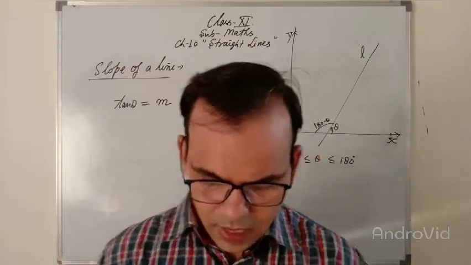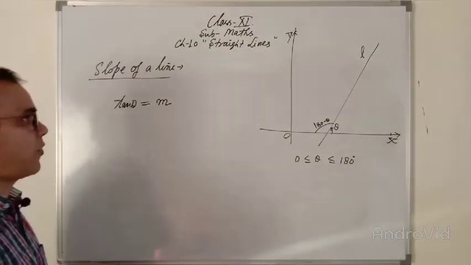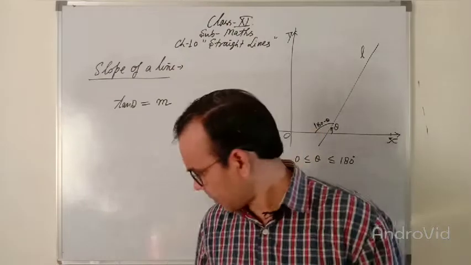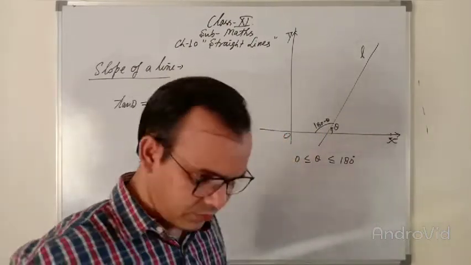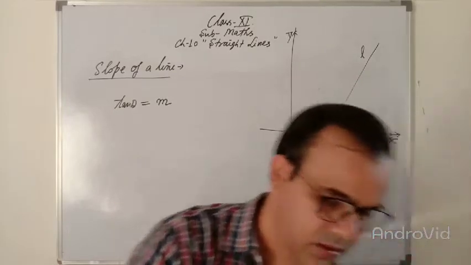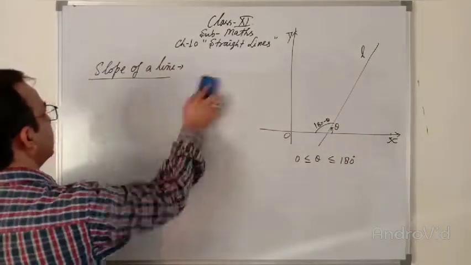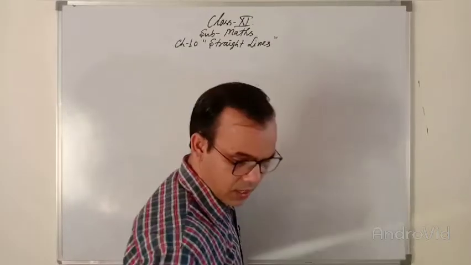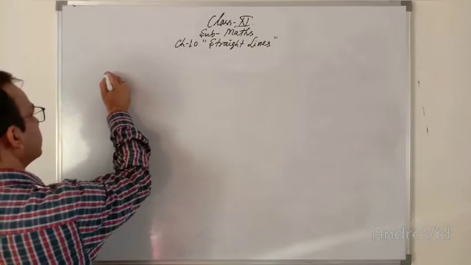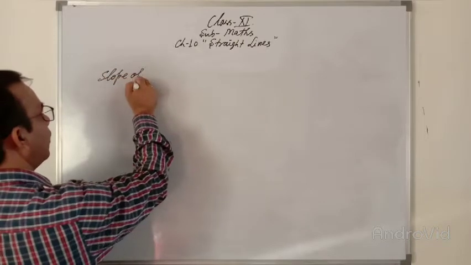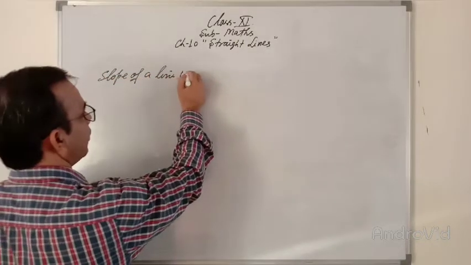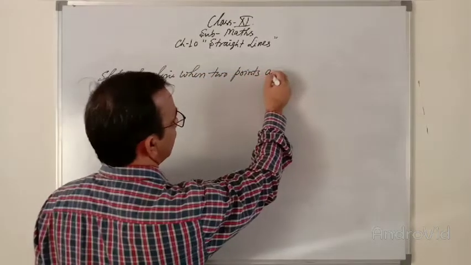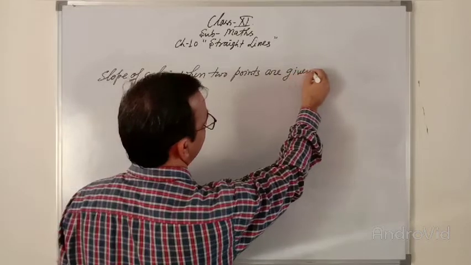Now let's discuss how to get the slope of a line when the 2 points of the line are given. The slope of a line when the 2 points A and B on the line are given.